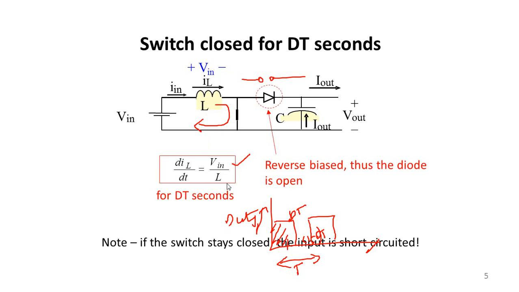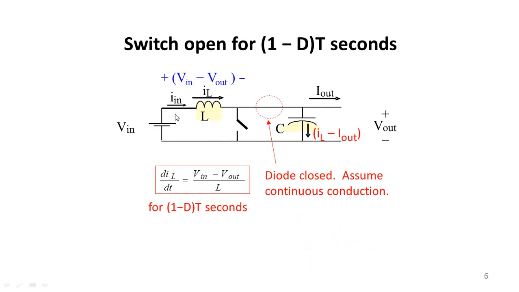Similarly, when the switch is opened, during the negative duty cycle, what will happen? When the switch is closed, you know that V in by L. Now the switch is opened. What is the voltage that we are getting across the inductor?